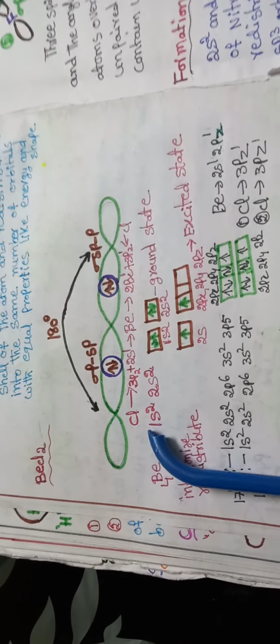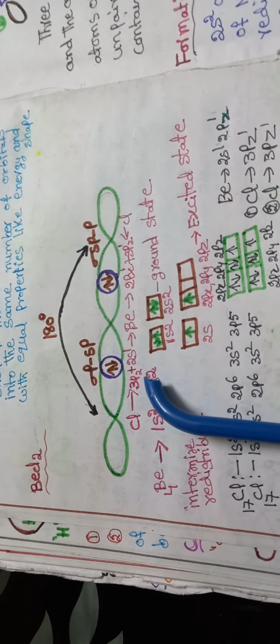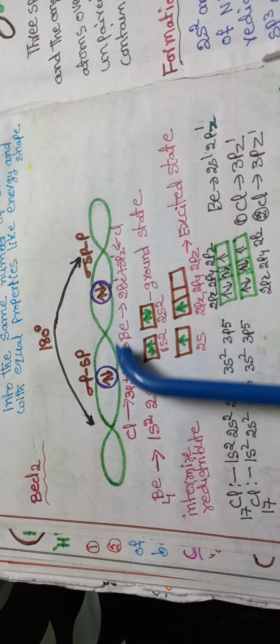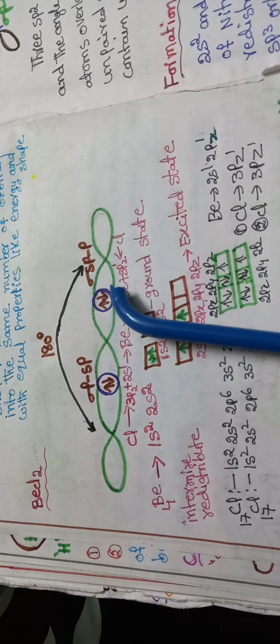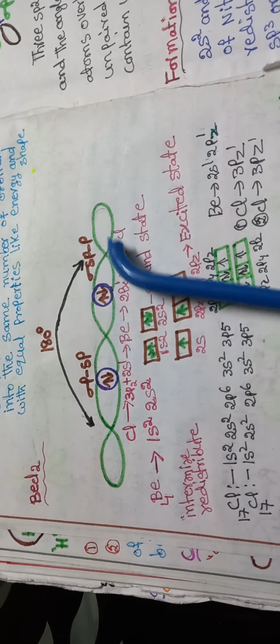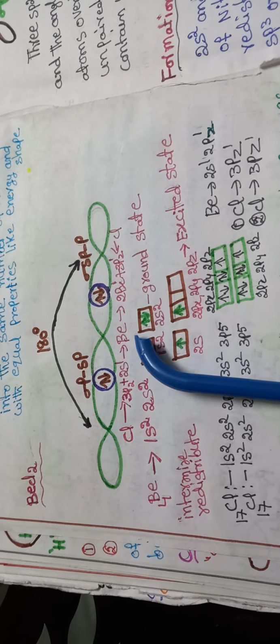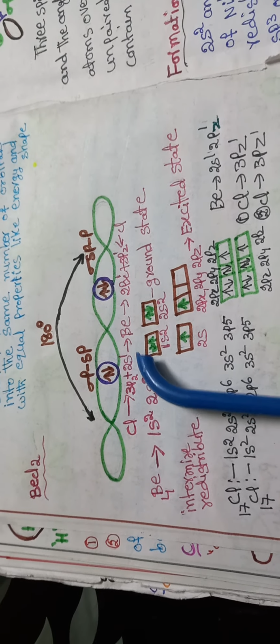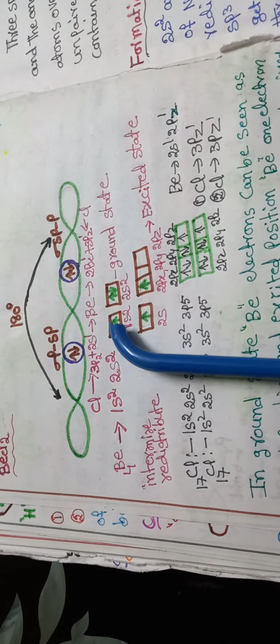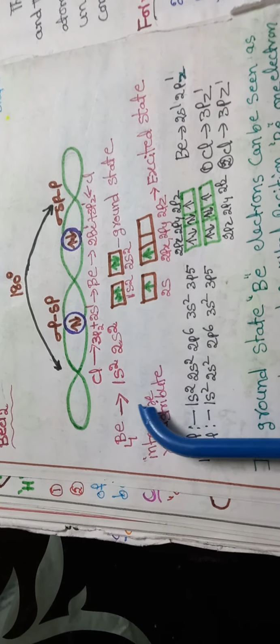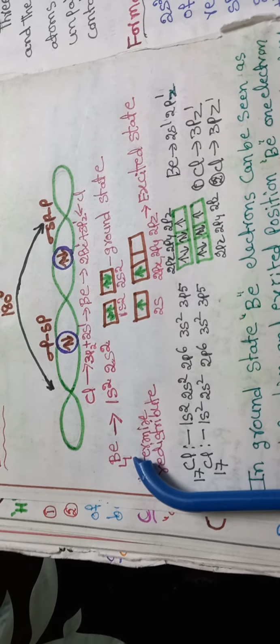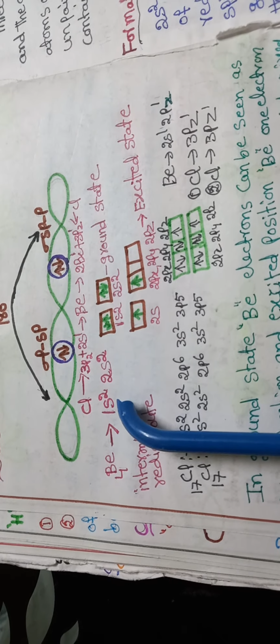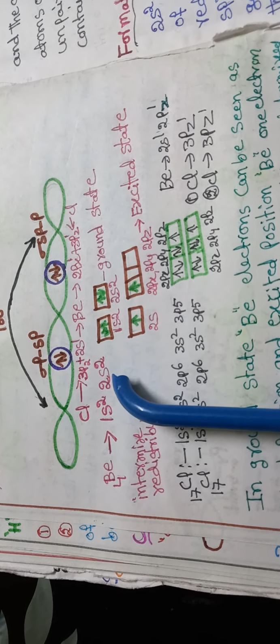For example, here beryllium chloride is there. So here one beryllium and two chlorine atoms are there. Here we can see beryllium has 4 electrons. Electron configuration 1s2 2s2.